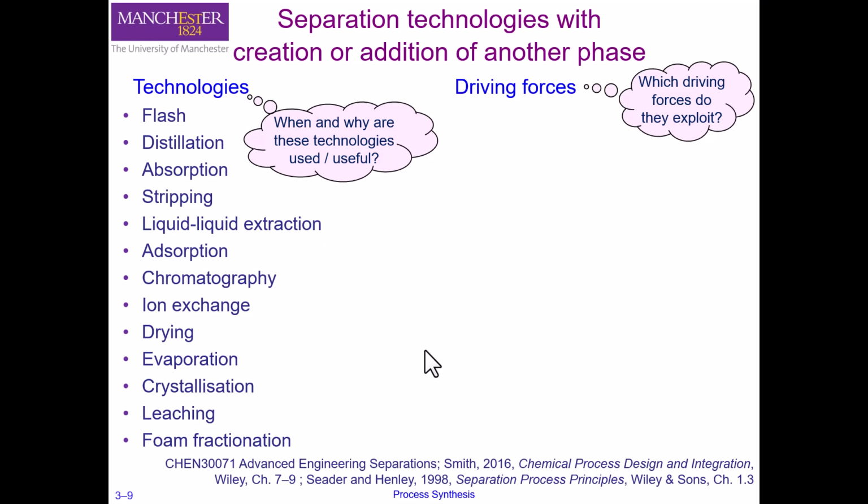For example, components with different relative volatility will have different tendencies to migrate into the vapor phase or remain into the liquid phase. And flash separation can exploit these volatility differences. Flash unit also can make use of gravitational force fields, for example, that can facilitate the separation of heavier liquid component to the lighter or less dense vapor component.